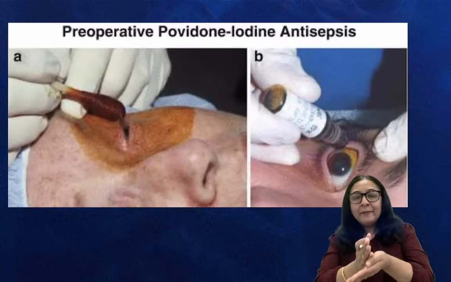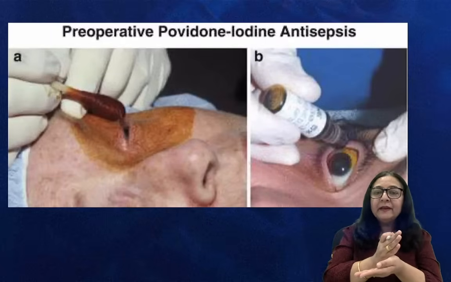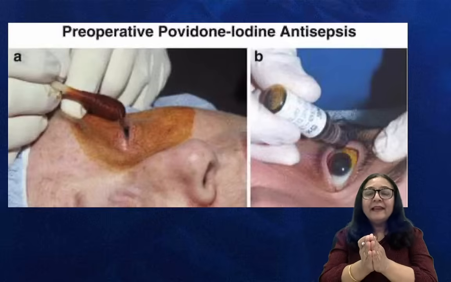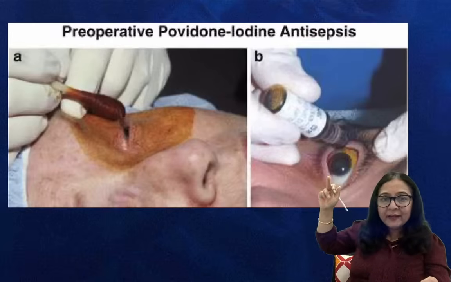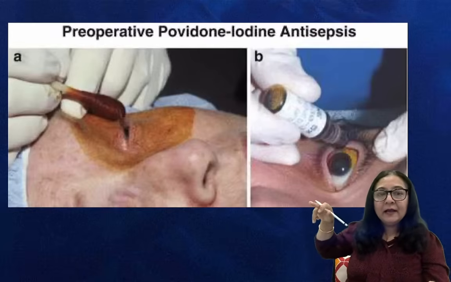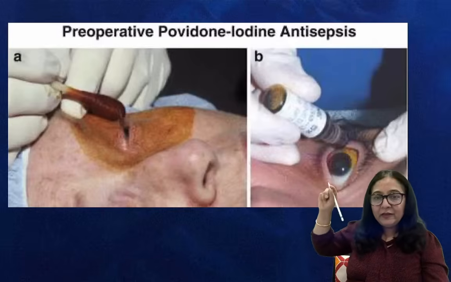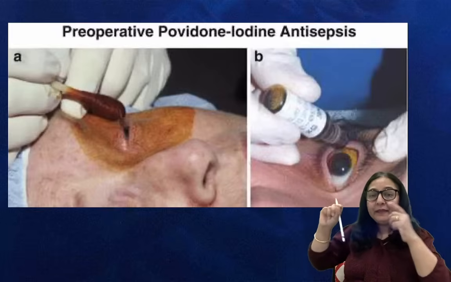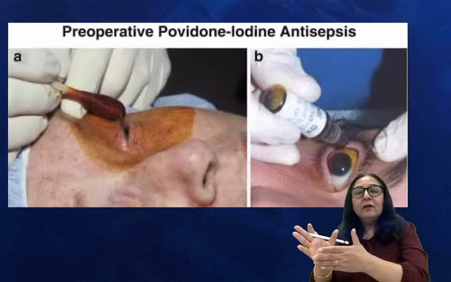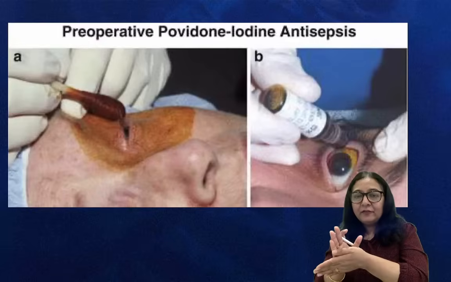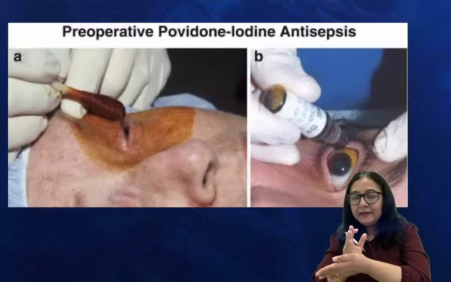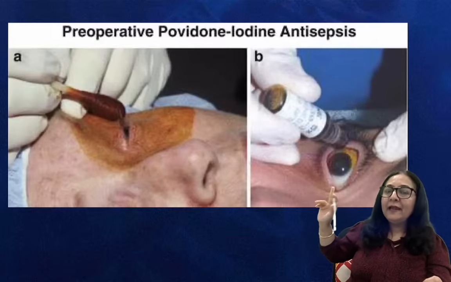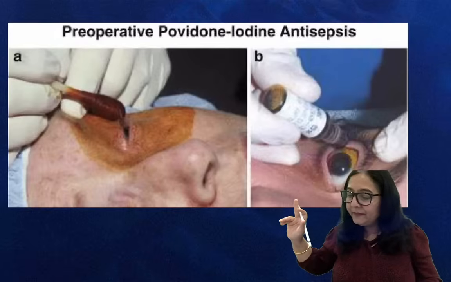Okay, you can give antibiotics pre-operatively and post-operatively, but the most effective prophylaxis is this, because when you are cleaning the skin around the eyeball and the eyelids with iodine, when you are putting iodine drops in the conjunctiva, you are preparing the eye, you are removing the commensals from there. Okay, so Staph epidermidis is the commensal. So this is the most important step in antisepsis. Right?